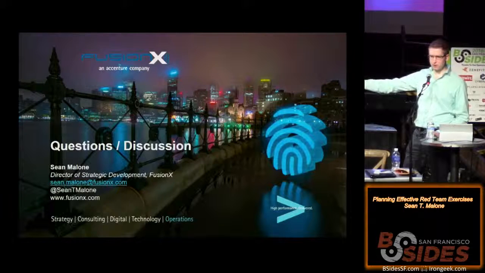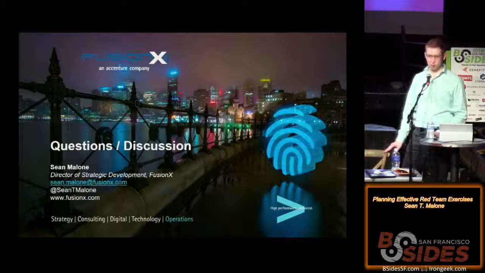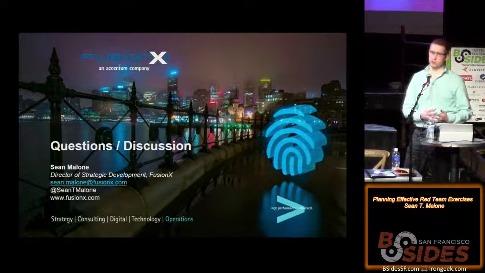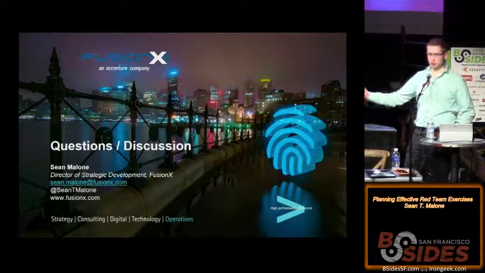And their next step would be to disconnect that system from Fedwire, cut that connection, and all of a sudden none of their clients are able to conduct business through their system. That's the point at which they call end exercise. Don't actually shut that system off. Here's what's going on. And then at that point it moves more to a tabletop of what would our next steps be if this were a real attack.